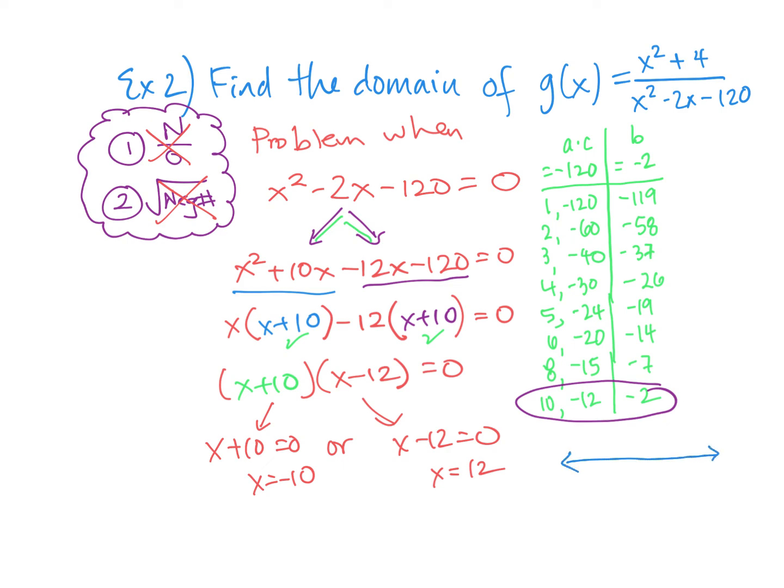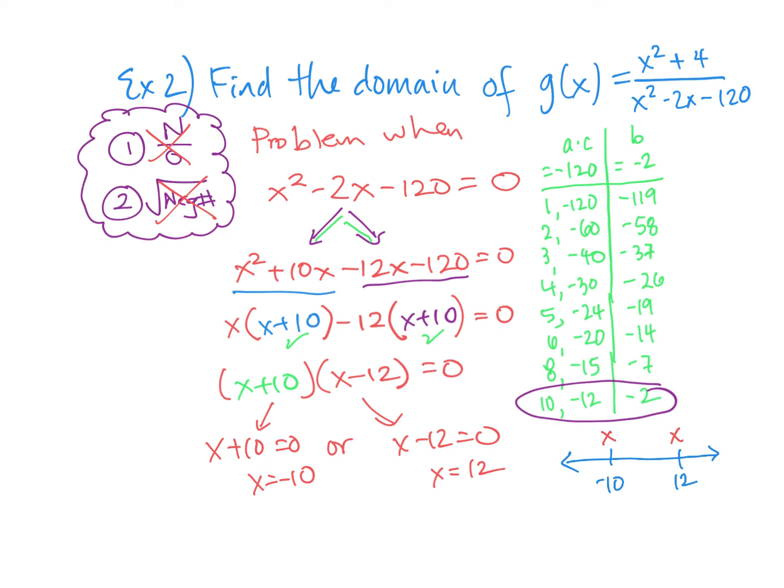What are my key numbers here? What are my critical numbers here? Negative 10 and positive 12. So we've just established that's a problem and that's a problem. But what about the rest of the real numbers?